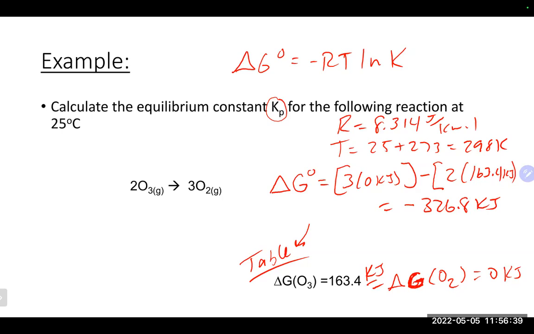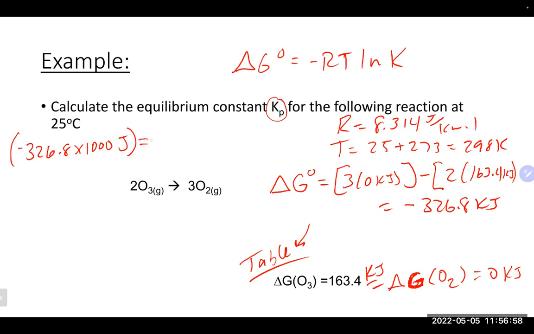At this point, we can put in our numbers. That would give us negative 326.8. I'm going to times it by 1,000 to convert it to joules because my R is in joules. So everything cancels out correctly here.